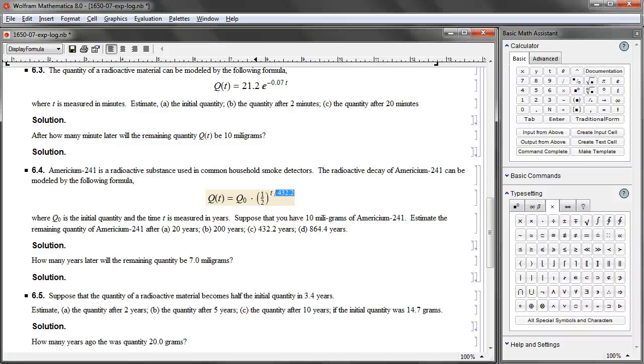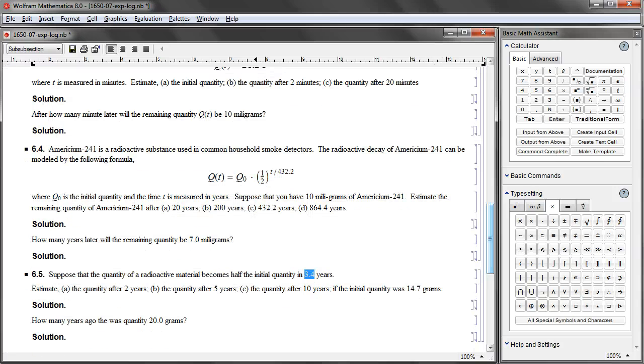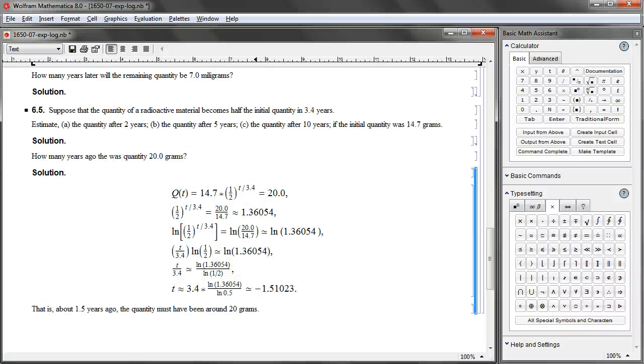Here half-life is given as 3.4 years. So all I have to do is replace 432.2 in the previous problem by 3.4. That's basically what I did over here. Initial quantity Q0 is 14.7, and the half-life capital T is 3.4. And we are looking for how much time for 20.0. This is the solution.